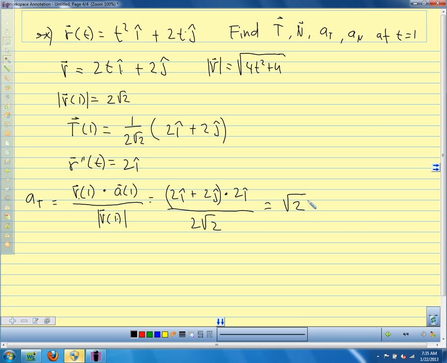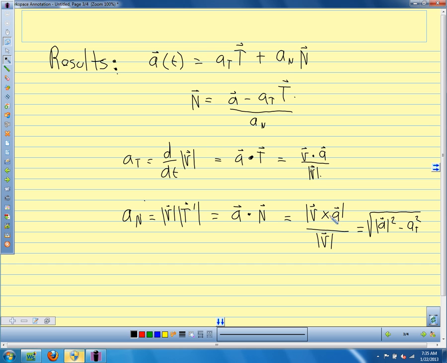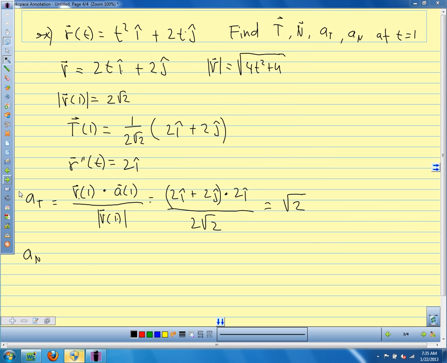For a sub n, our normal component of acceleration, I'll use this expression. a sub n is going to be the magnitude of v cross a over the length of v.